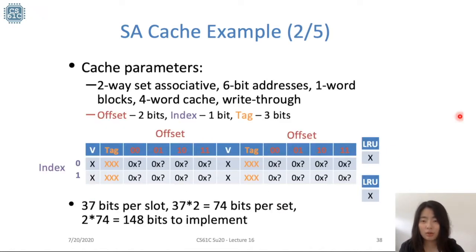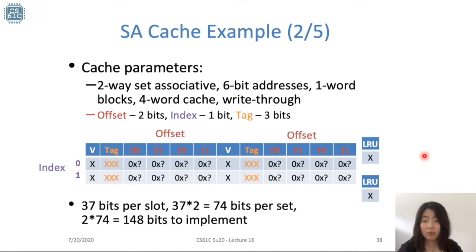This is how our cache looks. We have 2 sets. Index 0 maps to the first set, index 1 maps to the second set. For each set, we will have 2 slots, also LRU bits. For each slot, we will have a valid bit, tag bits, and then the data block. Offset is just the index to the data block.